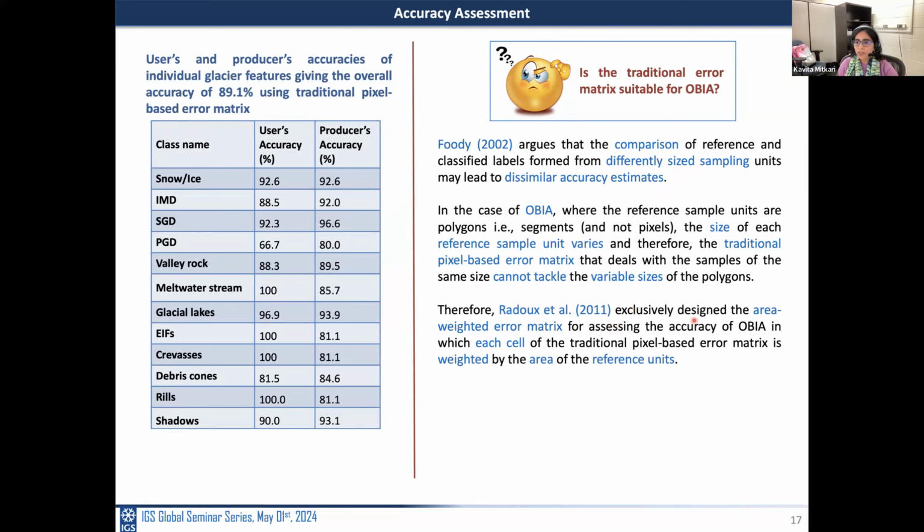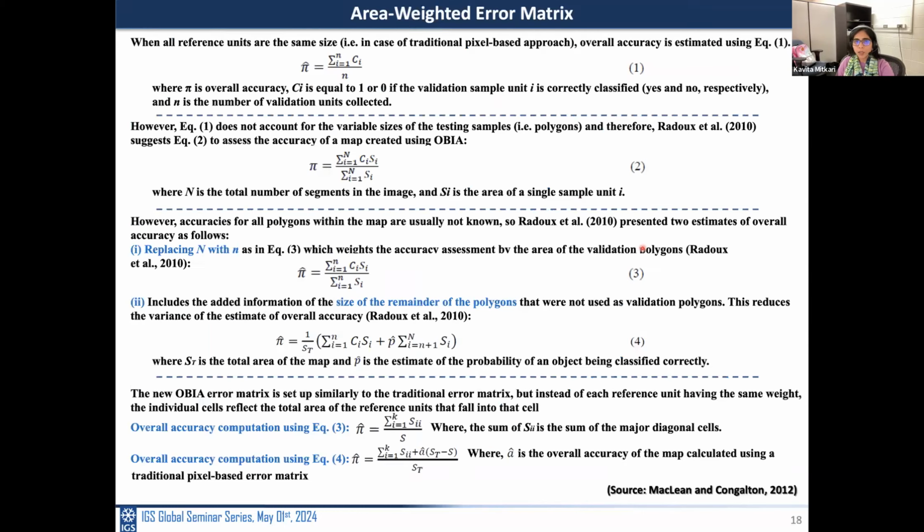Radoux and others in 2011 designed an area weighted error matrix specifically for assessing the accuracy of OBIA derived classified maps. Here the modification is very simple. I'll go to my next slide. This is the formulation of the area weighted error matrix.